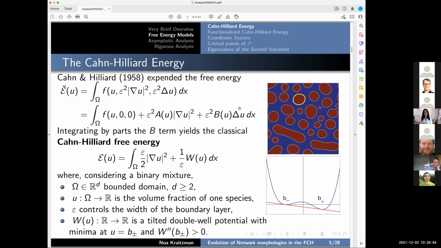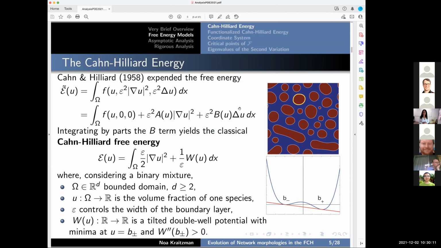U is the volume fraction of one of the species. And we take a free energy, which is modeled by a function of U, weakly perturbed by its spatial gradients. If we Taylor expand this free energy and we integrate by parts the B term, then we get the classical Cahn-Hilliard free energy.